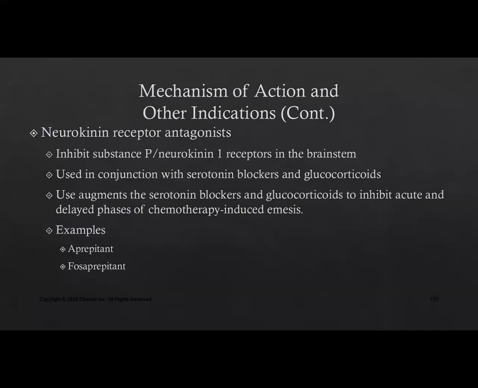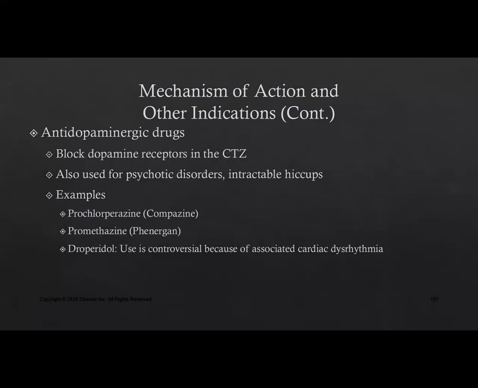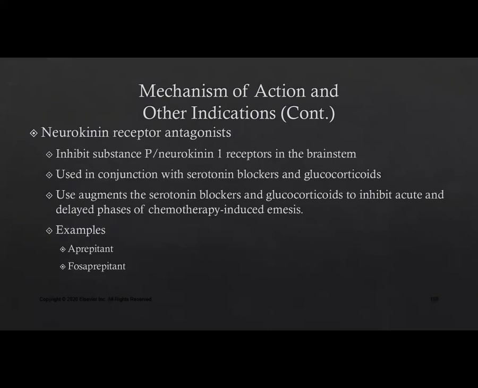Neurokinin receptor antagonists inhibit substance P and neurokinin 1 receptors in the brainstem, used in conjunction with serotonin blockers and glucocorticoids. They augment the serotonin blockers and glucocorticoids to inhibit acute and delayed phases of chemotherapy-induced emesis.